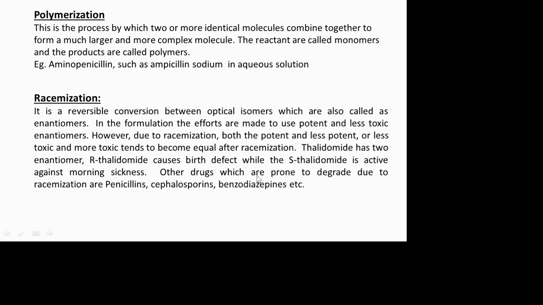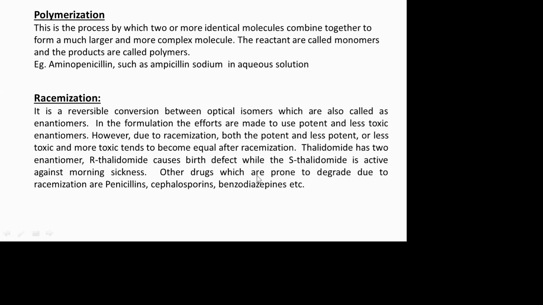At the beginning, we used a higher amount of one enantiomer, but due to degradation, that higher amount will decrease and form the other enantiomer, and when racemization occurs, both types of enantiomer will be present. So when both types are present, overall the active component has decreased to half of its original amount. So ultimately the activity of the formulation will decrease.